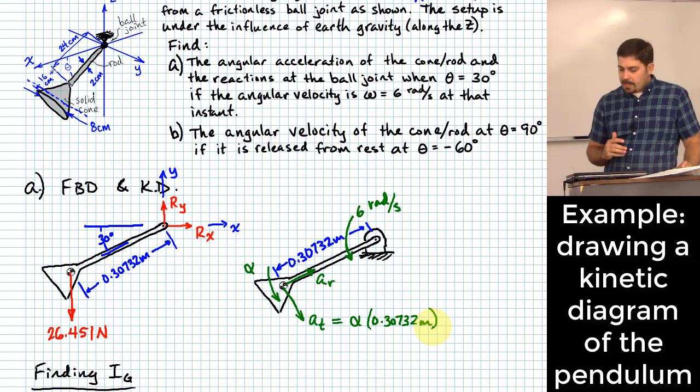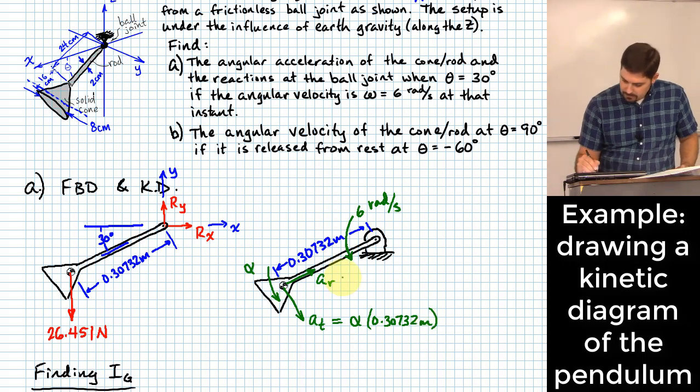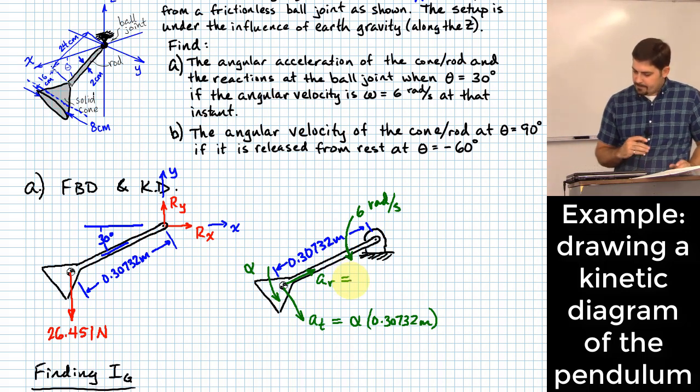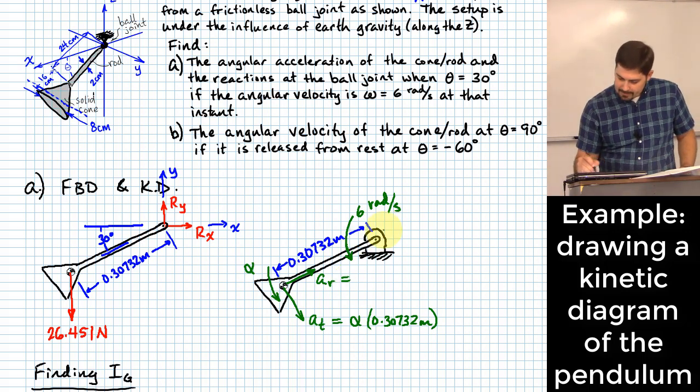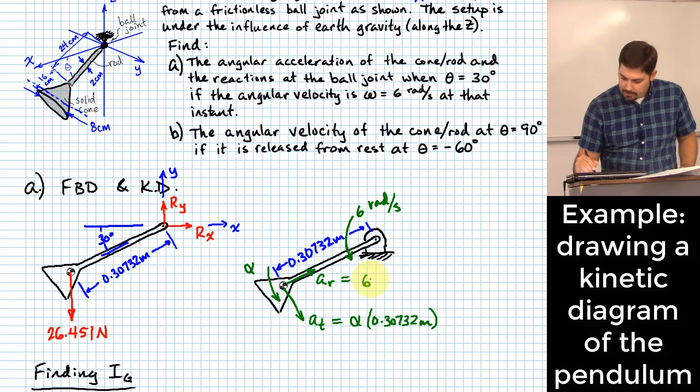What about my radial component? That's from the centripetal effect. That's what's causing that radial component, right? So that centripetal effect is just going to be equal to omega squared r, right? Omega squared being 6 radians per second squared, multiplied by r.